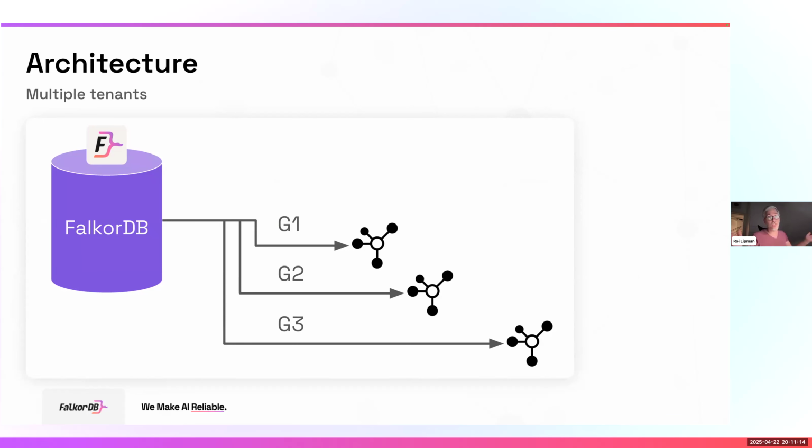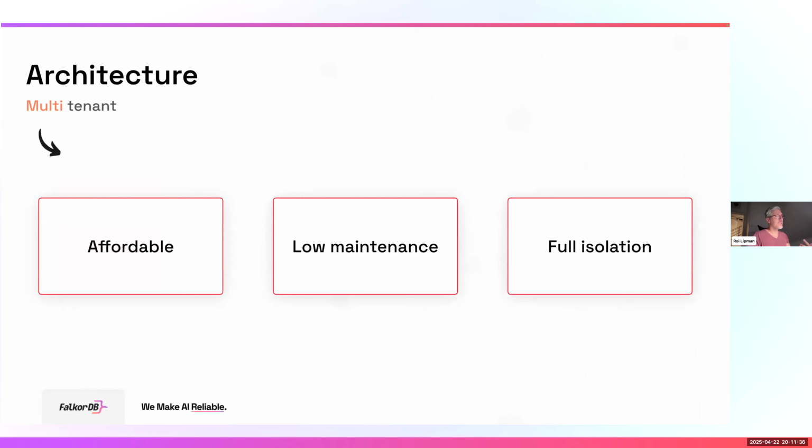And FalkorDB manages a key space of multiple keys, and you just need to specify which graph you would like to query, and you can access it if you have the right permissions. So this is the approach that we're taking. And this yields an affordable solution because you're only managing one database. The maintenance is pretty low, and you're getting the isolation level that you want for this type of application.